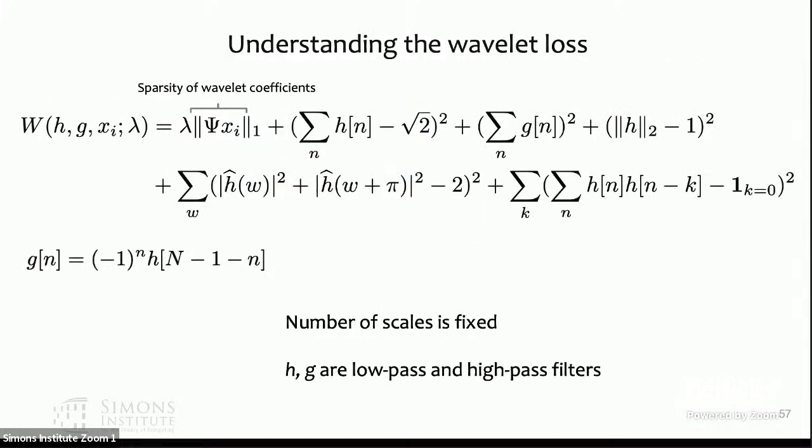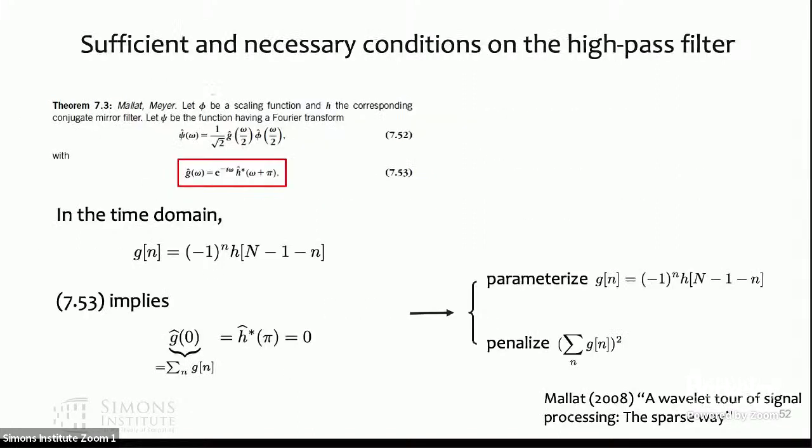Sufficient conditions for what? The conditions for the high pass and low pass filters. You start with a mother wavelet, and then you can construct these high pass and low pass filters. Translation and scaling are automatically built into the wavelet framework.